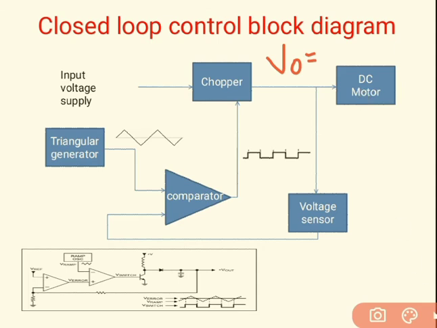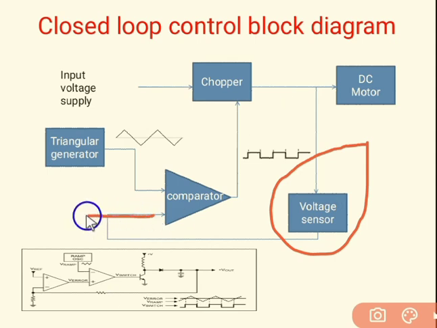Now consider the second case, the application of DC motor which is used in industry. We need various speeds of the DC motor for different types of applications. In these situations, this portion is removed from the output side. Here the reference signal is given externally.